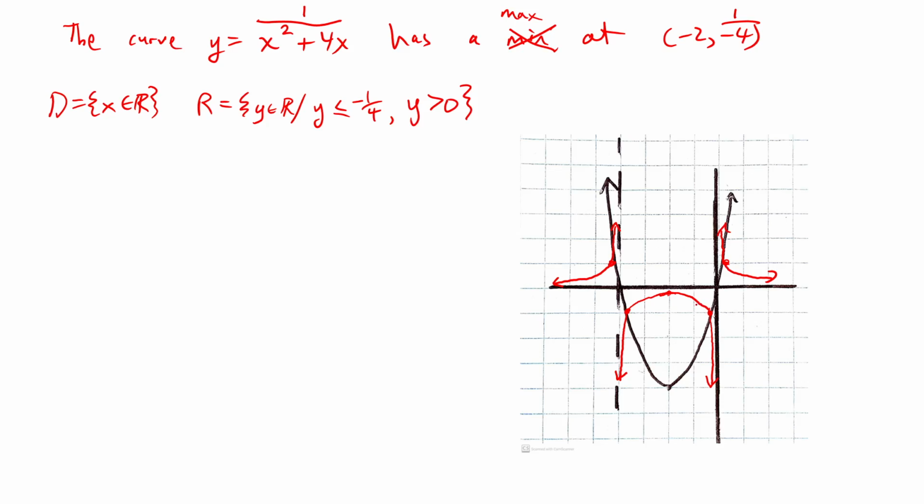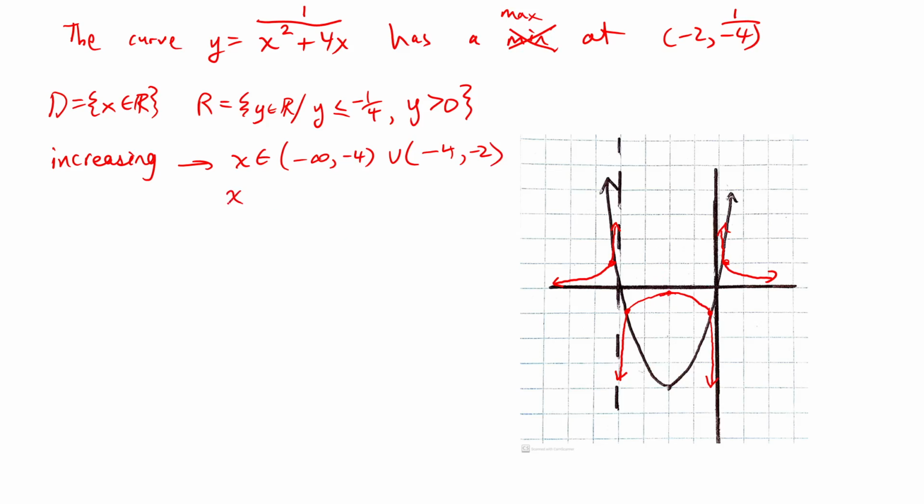You can't have a y value in that interval. So you need to make sure your range indicates that. Now, for increasing intervals, we can say x is an element of the interval between negative infinity and negative 4 in union with the interval between negative 4 and negative 2, because negative 2 is the x value of our maximum point.